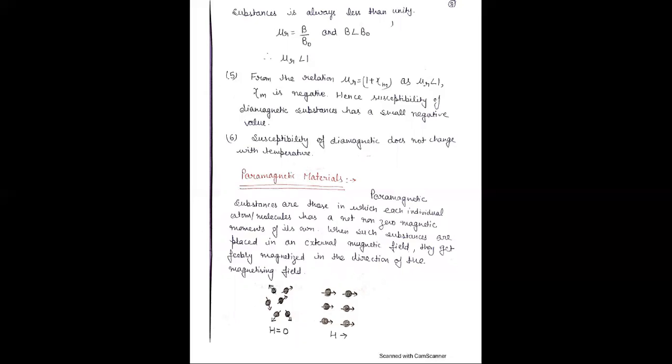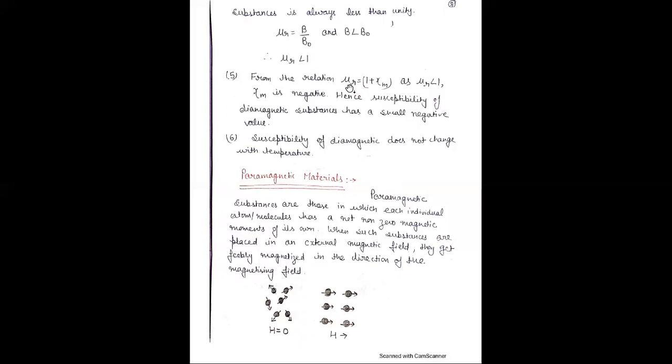And the fifth property: we know there is a relation between susceptibility and relative permeability, mu r is equal to 1 plus xi m, and here mu r is less than 1. Therefore, xi m is negative, because xi m is equal to mu r minus 1.